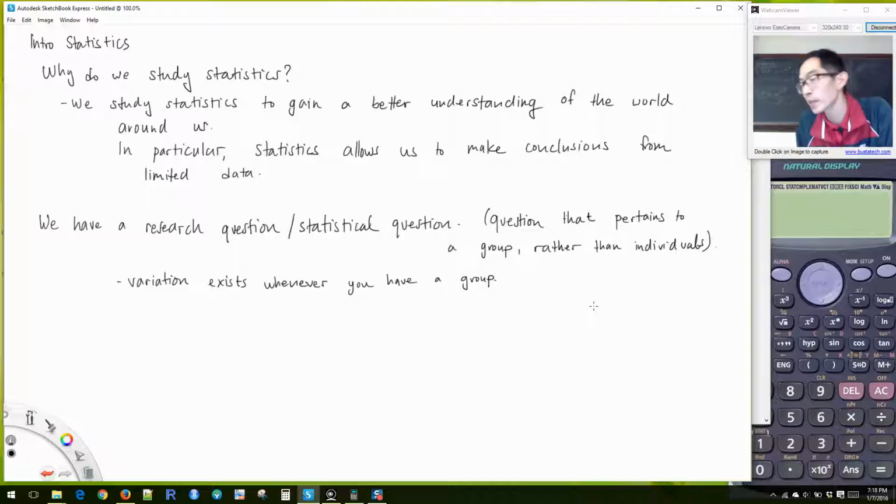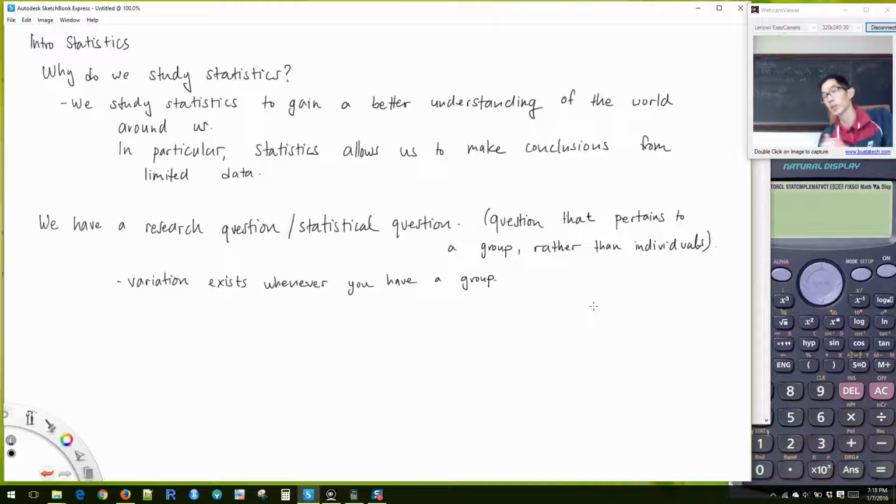The group is U.S. voters. There's variation. You're going to have people who vote for the Democratic candidate, people who don't. And we're asking, what percentage will vote this way? Or we could ask what percentage will vote for the Republican candidate or the other party candidate. All sorts of stuff. That's just one topic.